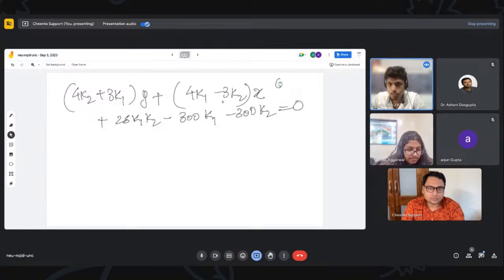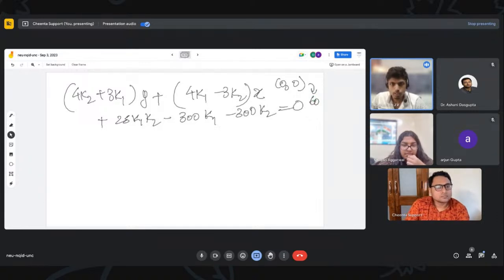The origin is at a distance of the inradius, which is 60, right? Right. So we just have to substitute the distance formula. The distance formula is like, first substitute this 0 comma 0 here.